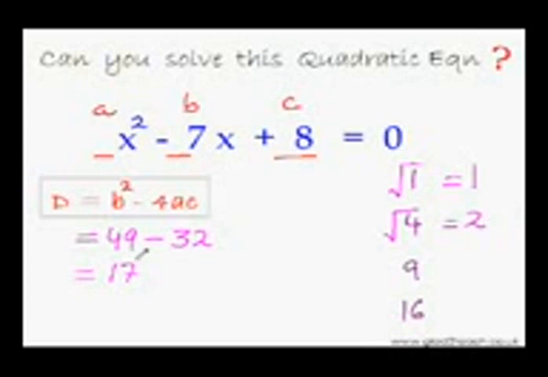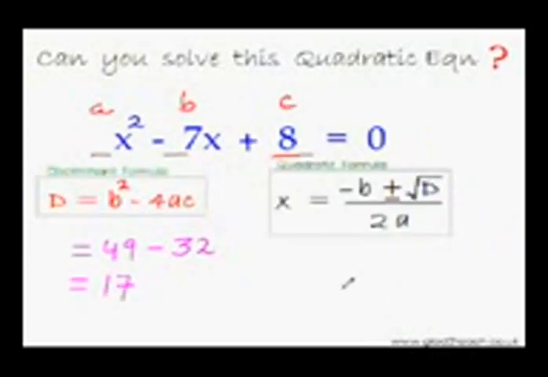So 17 is definitely not a perfect square. That means you can easily say that this quadratic equation is a tricky one. Don't get deceived by its innocent looks. So now I'm going to tell you the technique to not only solve such tricky quadratic equations, but to solve the quadratic equations of all types.